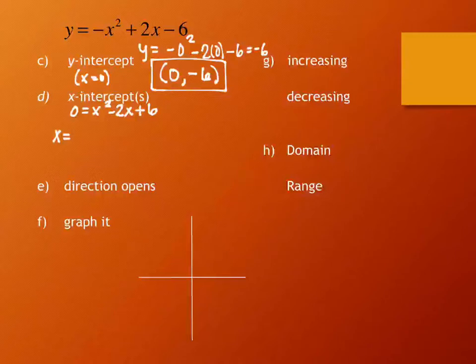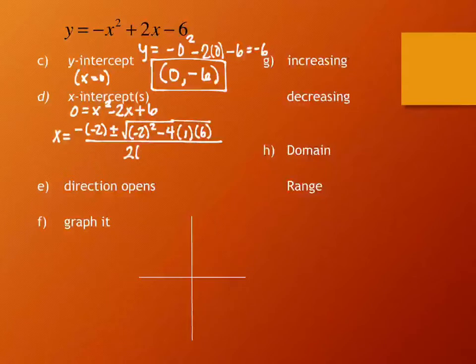I've just already changed my signs and I've got fewer negatives, so I'm going to go with that. So x equals -b, so the opposite of -2, plus or minus the square root of b squared, which is (-2) squared, minus 4 times a, which is 1, times c, which is 6, over 2 times a, which is 1.